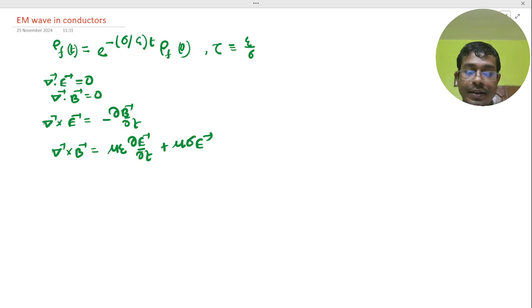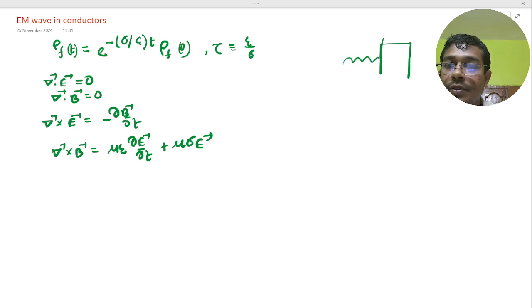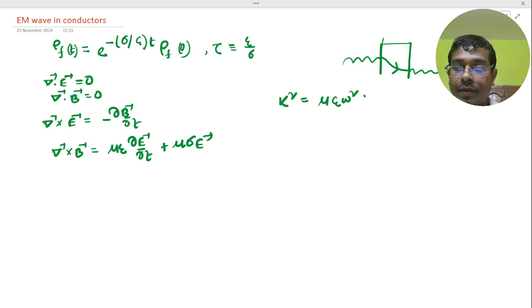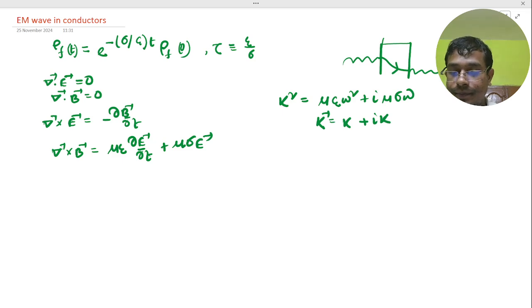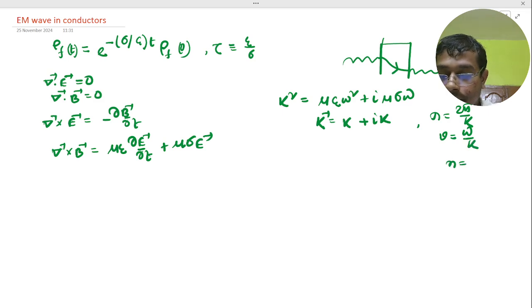And one important thing, skin depth, basically EMF passing through a conductor. Here k square must be mu epsilon omega square plus i mu sigma omega, and k has one real part and one imaginary part, where lambda is 2 pi by k, v is omega by k, and n is ck by omega.